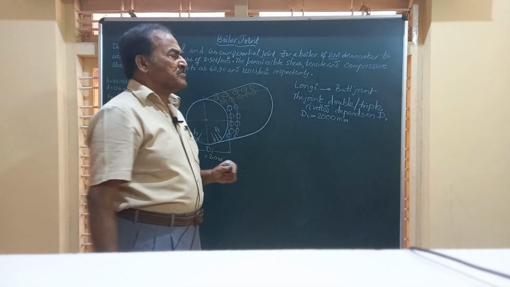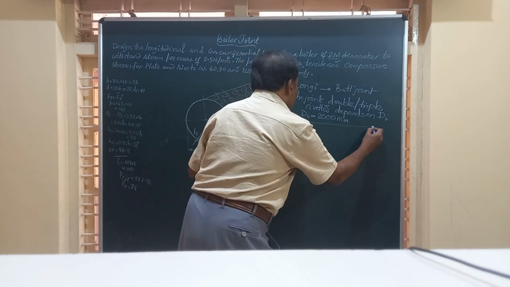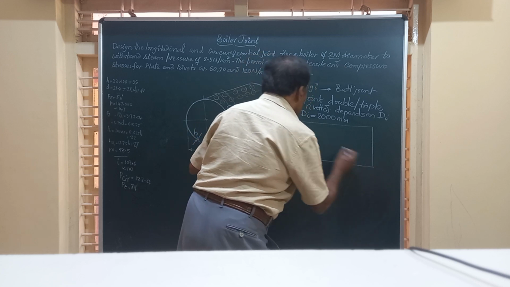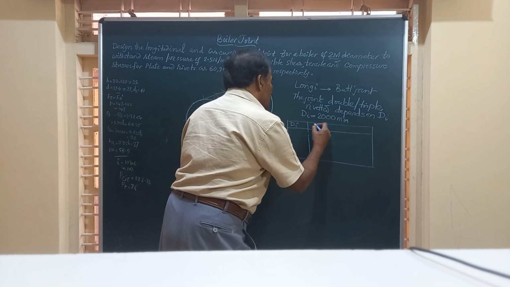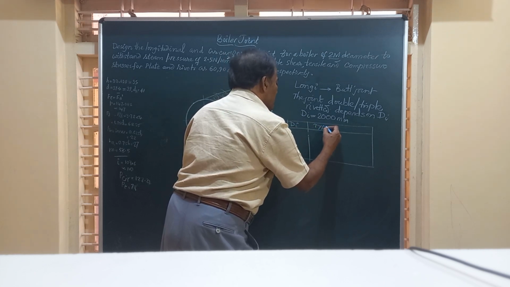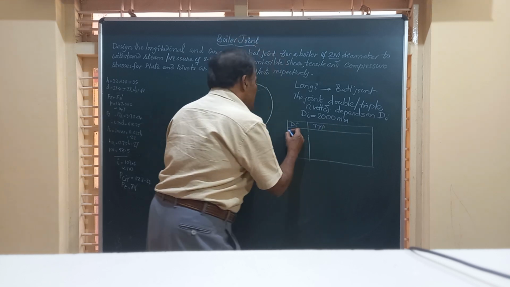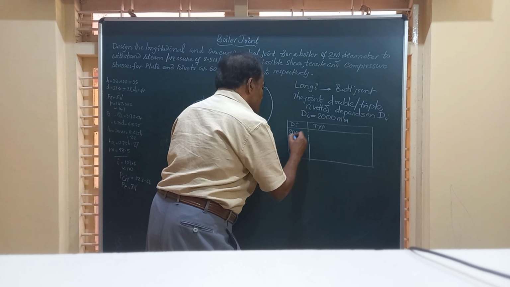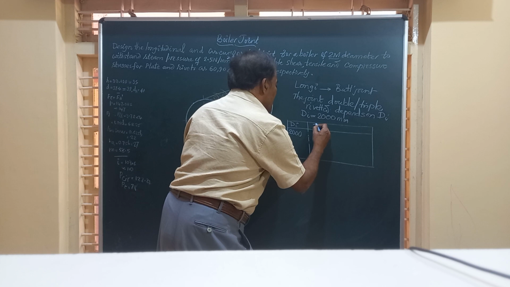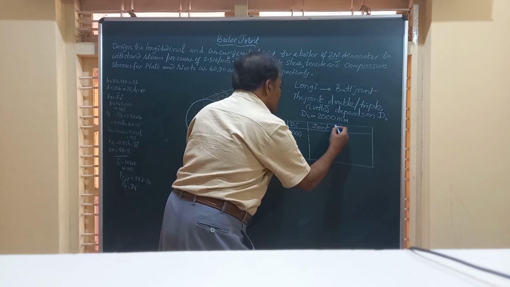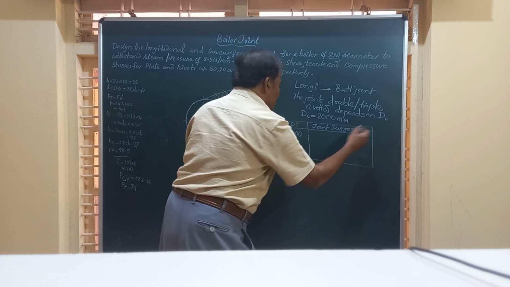For this diameter, there is a table in the handbook in which the diameter range is given, and based on it, the joint suggested, double or triple riveted.